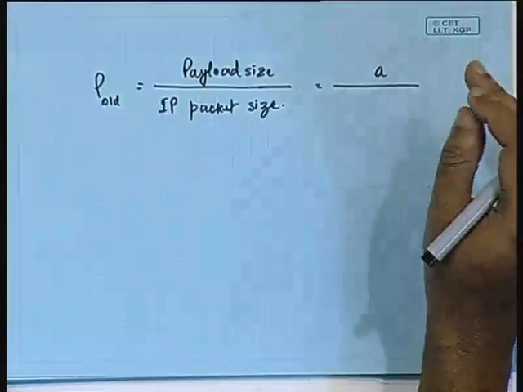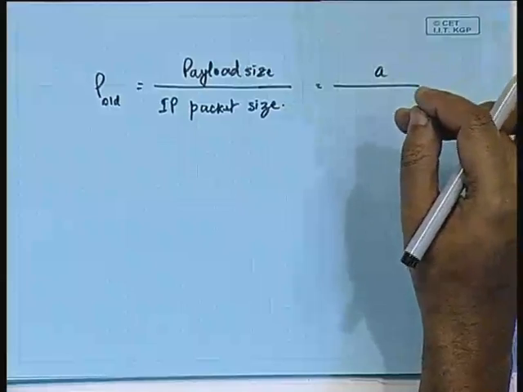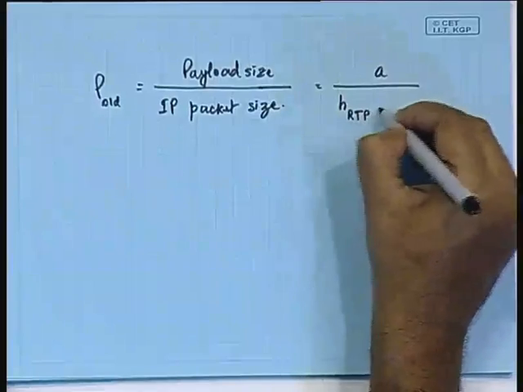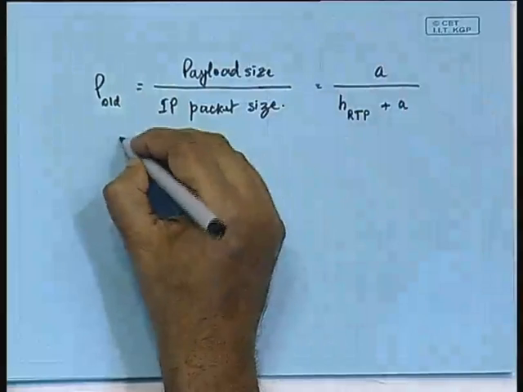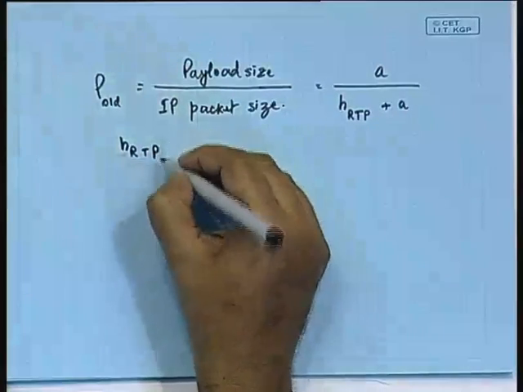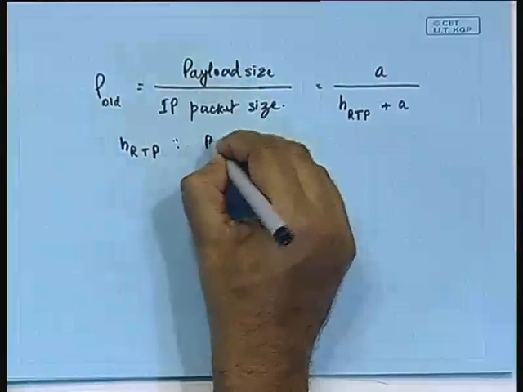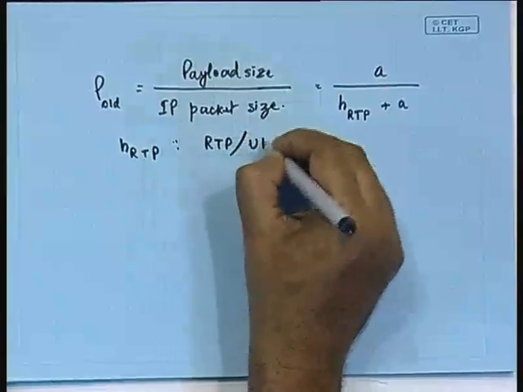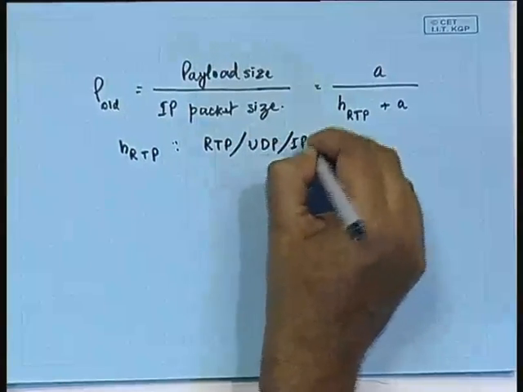And the IP packet size will be the RTP header plus A, so HRTP plus A, where HRTP is the RTP UDP IP header size.